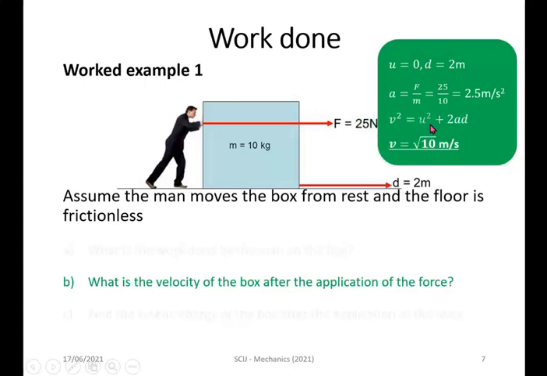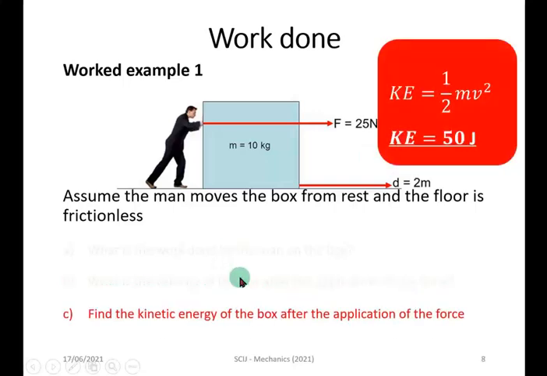Initial velocity is 0, the acceleration is 2.5, d is 2, and there is a constant 2 here. When we multiply through, we have velocity being equal to root 10 meters per second. You can compute it yourself. That's the velocity of the box after the application of the force. So the force will be applied until it gains this velocity. By that time, it would have traveled 2 meters.